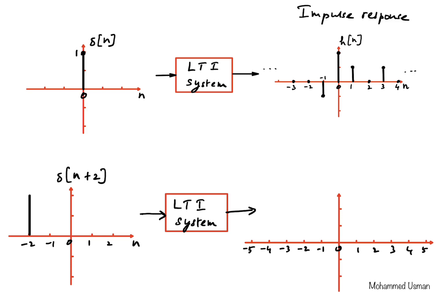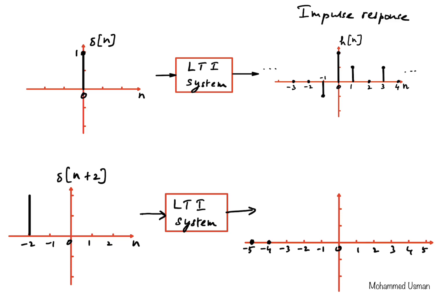The value at -3 will appear at -5 because it is shifted to the left by 2. The value at -2 will occur at -4. The value at -1 will come to n equal to -3.